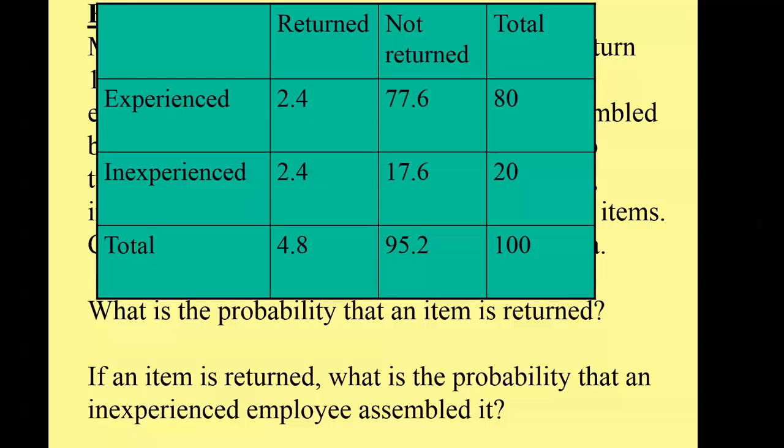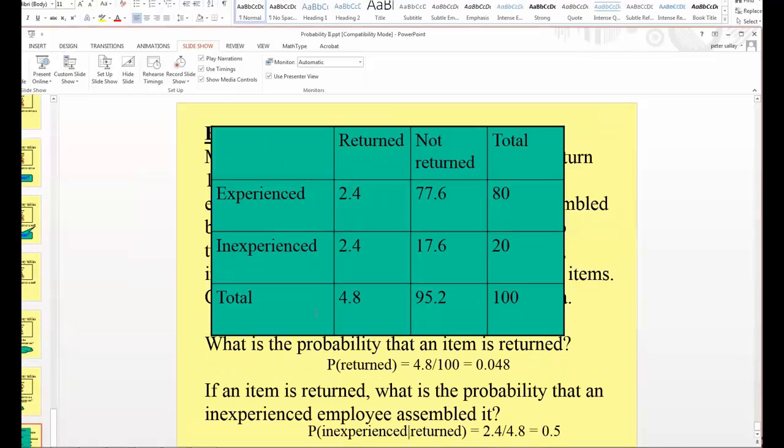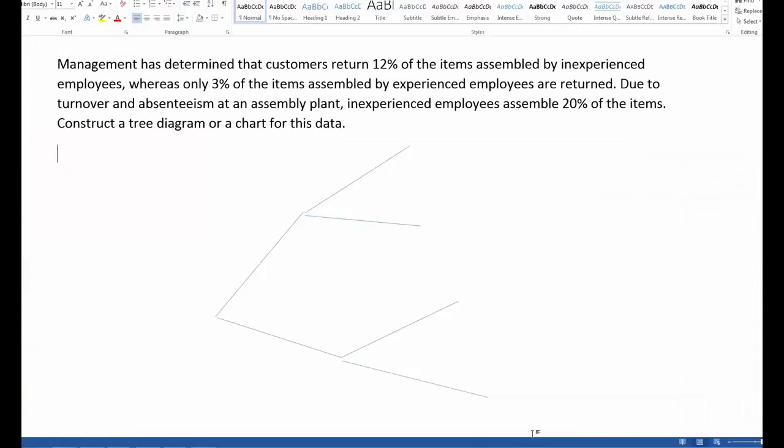Okay, so here is our raw data. I think I need to go back in and kind of help with this. Okay, so when we're setting up this tree diagram, we want to start with what types of decisions there are. Well, either an object came from an inexperienced employee or it came from a veteran, right?